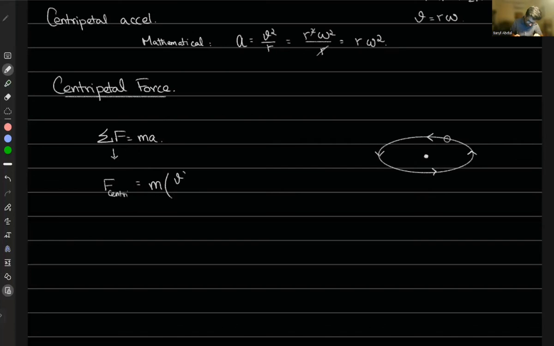We can use v squared by r, which gives m v squared by r, and this is the centripetal force in terms of a linear velocity. While for this one, you can use the value for v, which is r omega, and here we have this thing squared divided by r, and so you get m r omega squared.